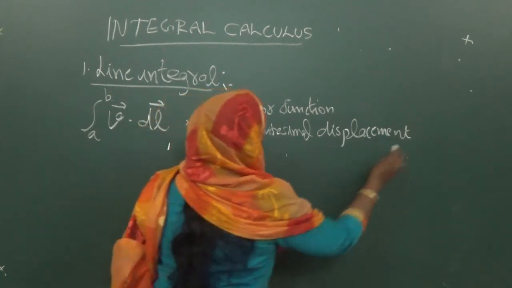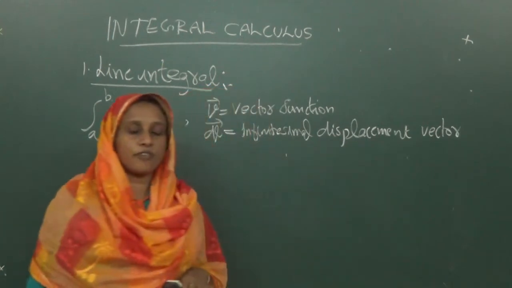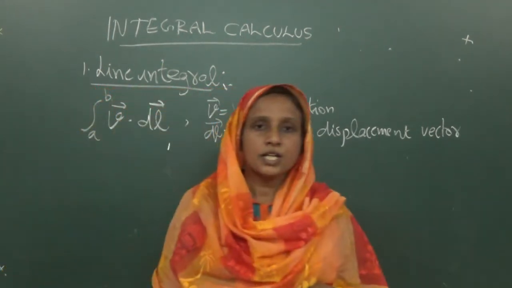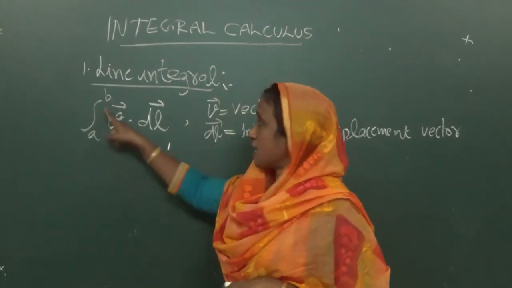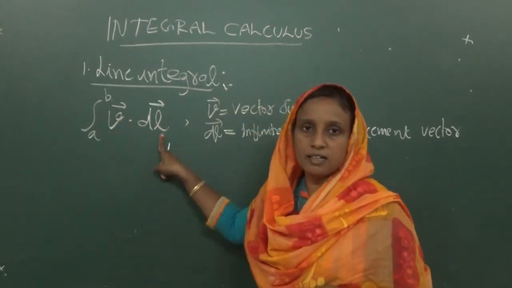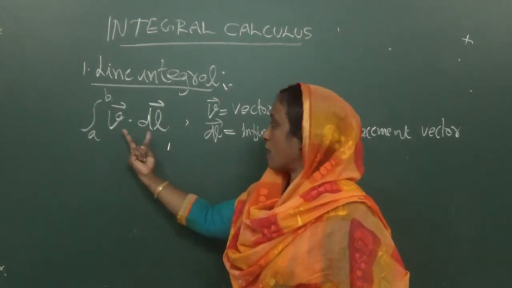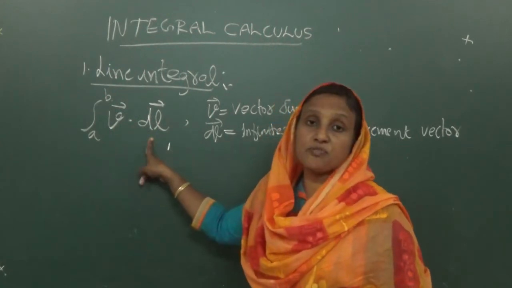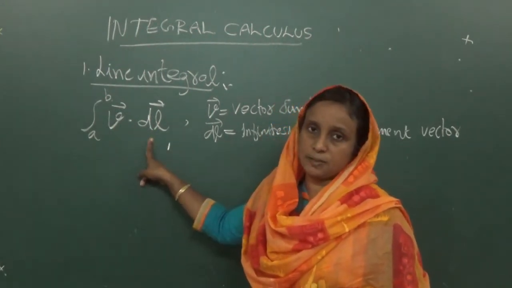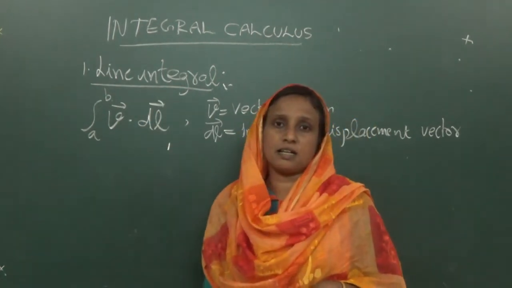Here there is a dot product, and the two quantities are vectors: this is the vector function and this is the infinitesimal displacement vector. This integral is called the line integral.